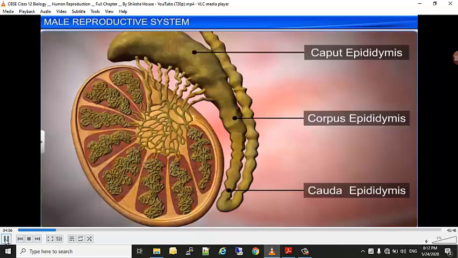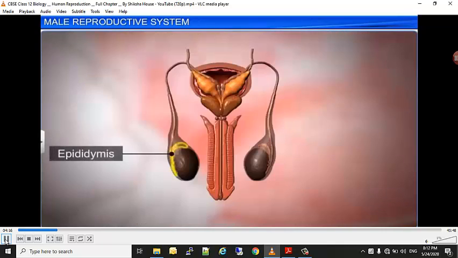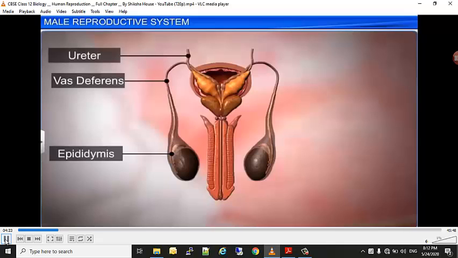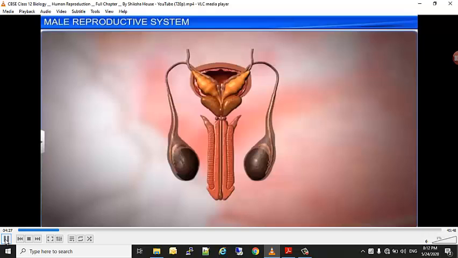The epididymis leads to the vas deferens, which ascends into the abdomen, loops over the urinary bladder, extends backwards and receives the duct from the seminal vesicle, and finally opens into the urethra as the ejaculatory duct.